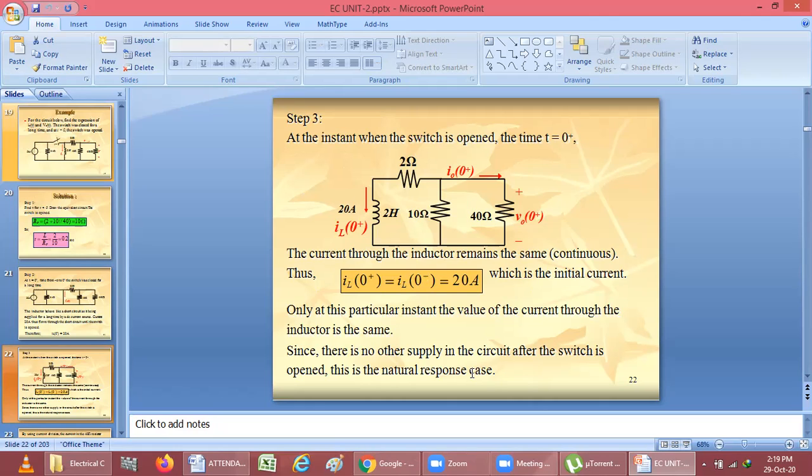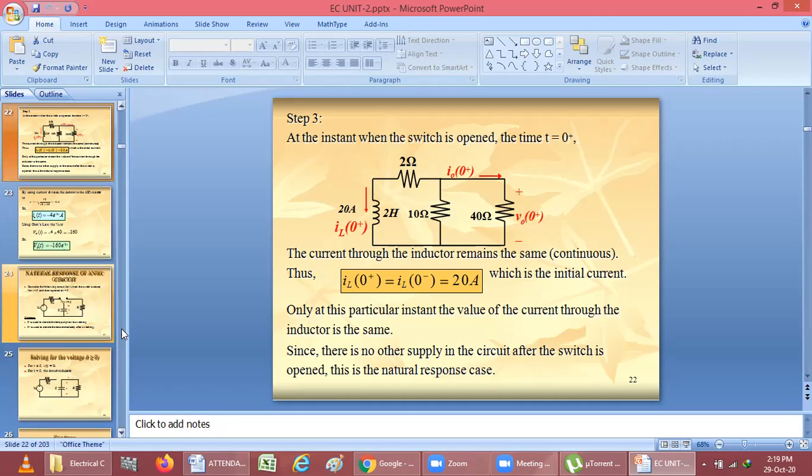So whenever the switch becomes open, we can call that response the natural response, because here we are not considering any other energy source. Now we have the value of tau, and now we have the value of total current, that is only what is flowing through the inductor, because there are no other energy sources.